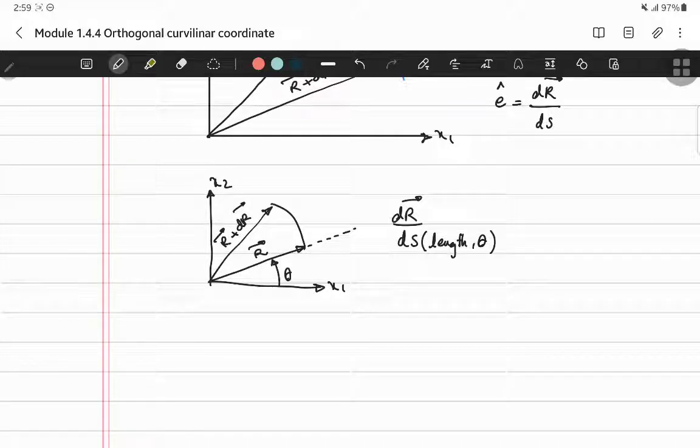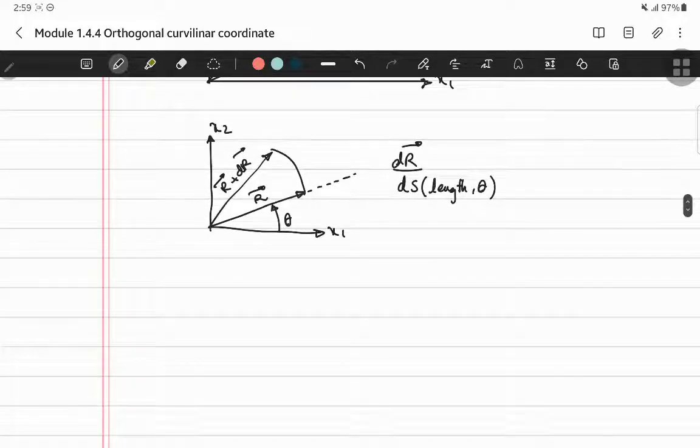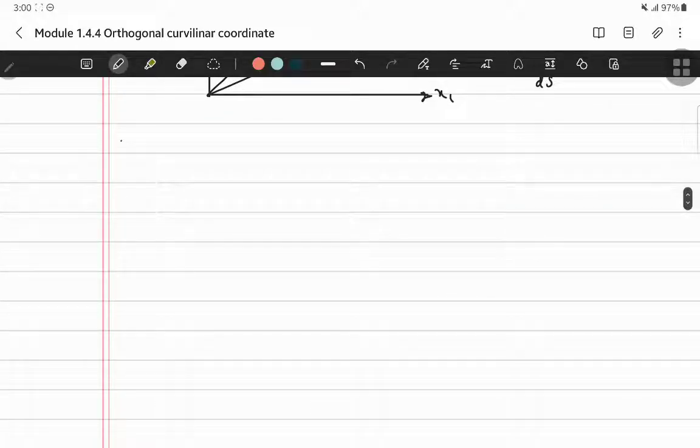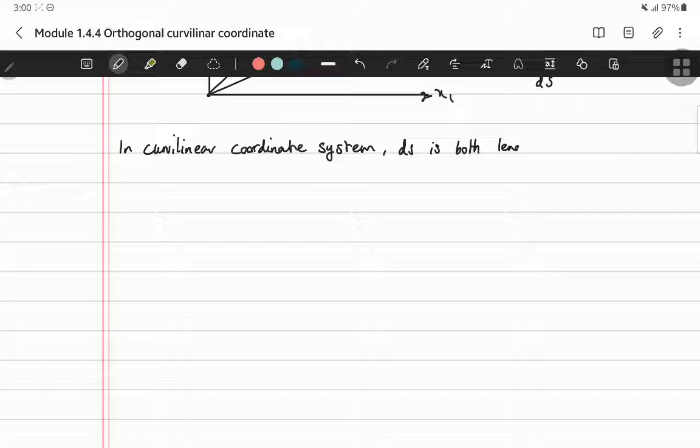So for this, we can rewrite s in a form that now includes both. In a curvilinear coordinate system, ds is both length and direction dependent.